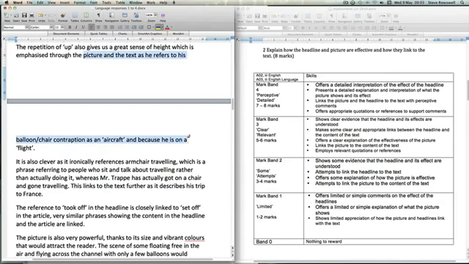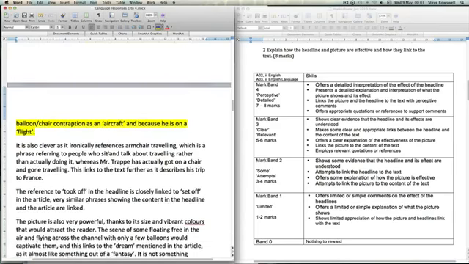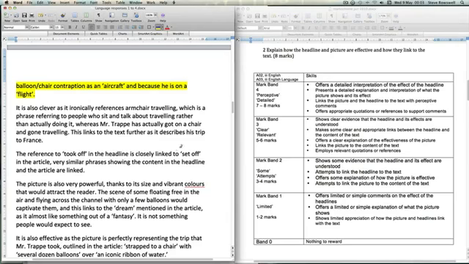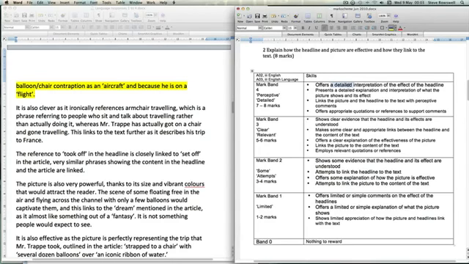By this point in the response, the picture, the headline, and the text below are all linked by references and clear and intelligent quotations. The candidate is offering detailed interpretation of the effect of the headline and the image. There is explanation and interpretation of effects.